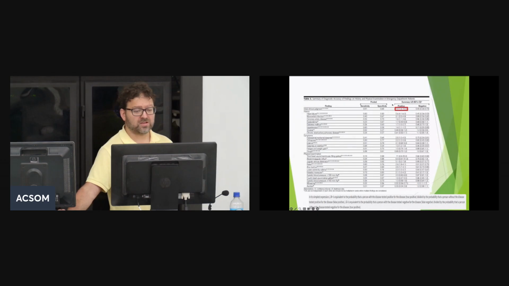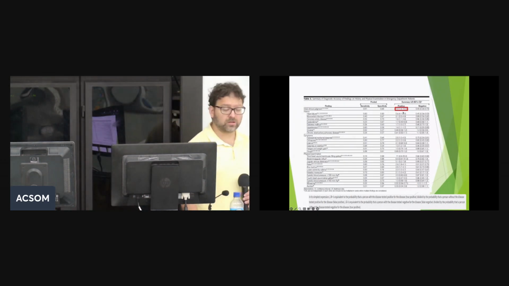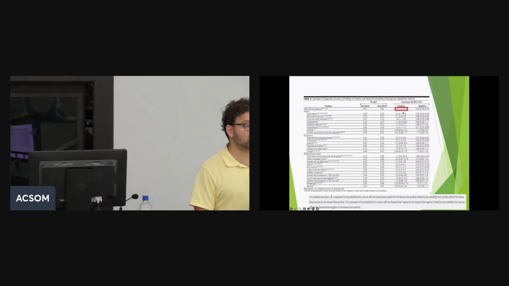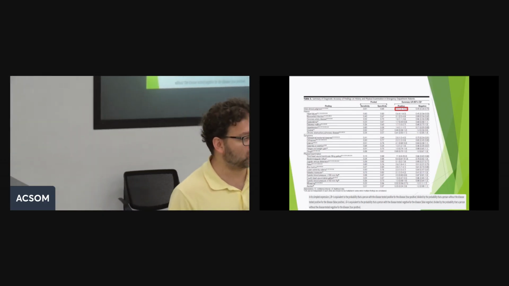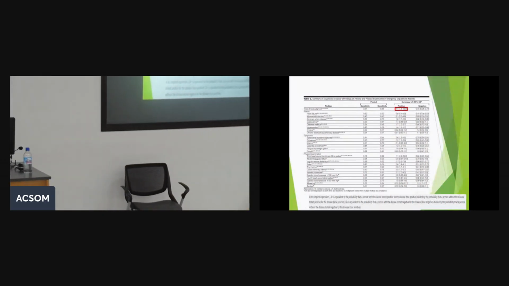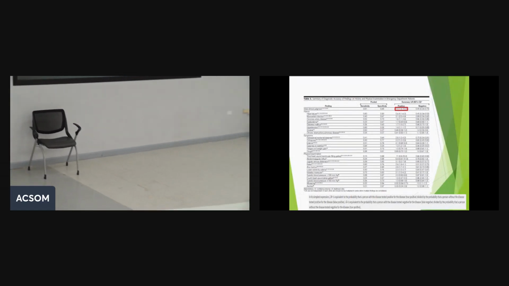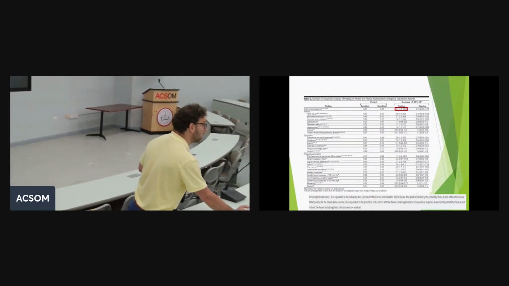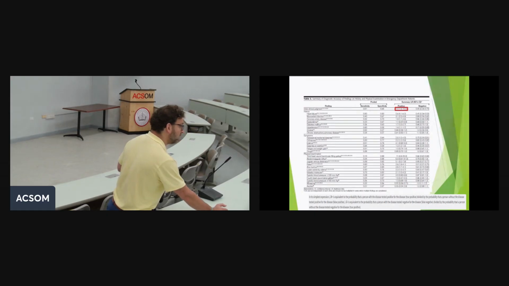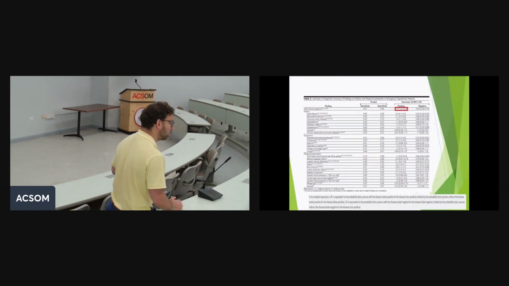So they use likelihood ratio, and likelihood ratios here as a clinician is critical because the equation of likelihood ratios include sensitivity and specificity. So a positive likelihood ratio, you want a high number. A negative likelihood ratio, you want a low number.